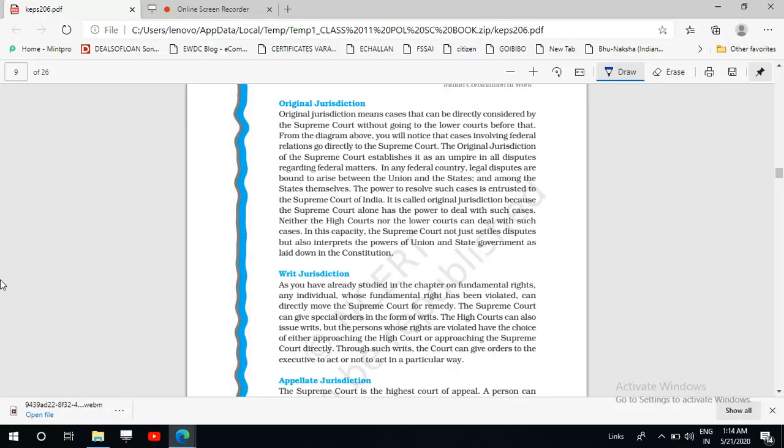Okay, so in this regard, we must know that when such matters arise, when there is a conflict between the center and the state, or between the states, then the Supreme Court is there not just to settle the dispute. It also interprets the power of the union and state government.